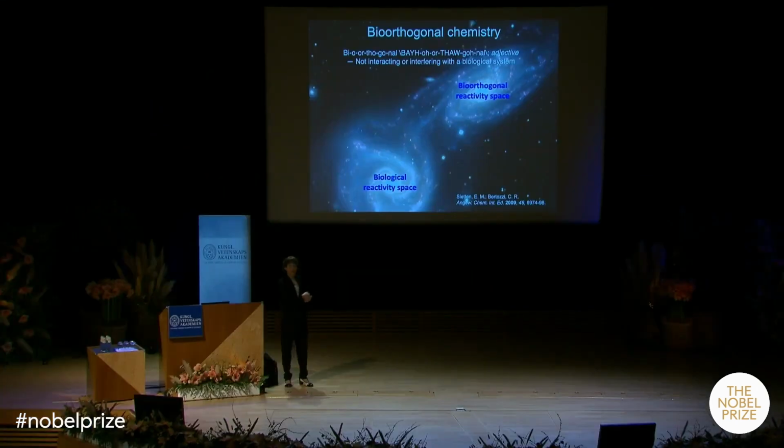And somewhere outside of that biological reactivity space is the bioorthogonal reactivity space, a different galaxy with different chemicals, functional groups that you would not find in a biological system, but that will react with each other regardless of being surrounded by all of those biological functionalities. So that's the type of chemistry we'll be talking about today.